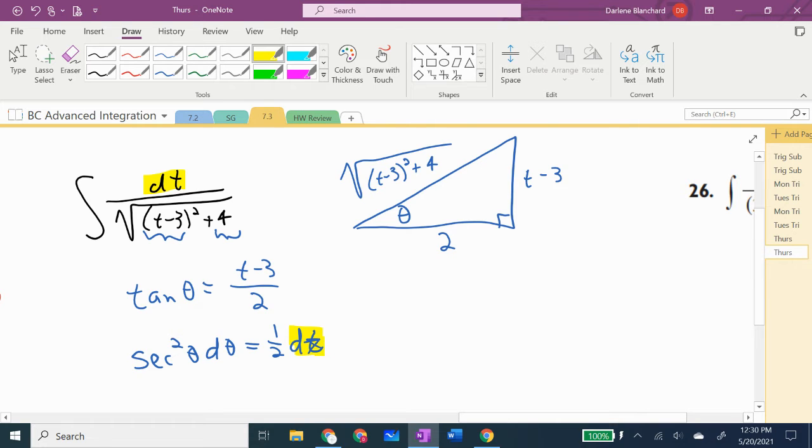And if I want to make my life a little bit easier, that square root divided by 2 is equal to the function secant.